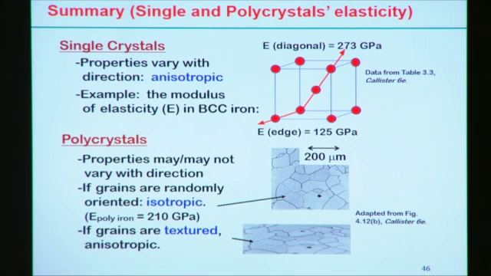That means a perfect single crystal follows anisotropic behavior. The second thing is that for a polycrystal, the properties may or may not vary with direction. If grains are randomly oriented, then we can consider isotropic properties.